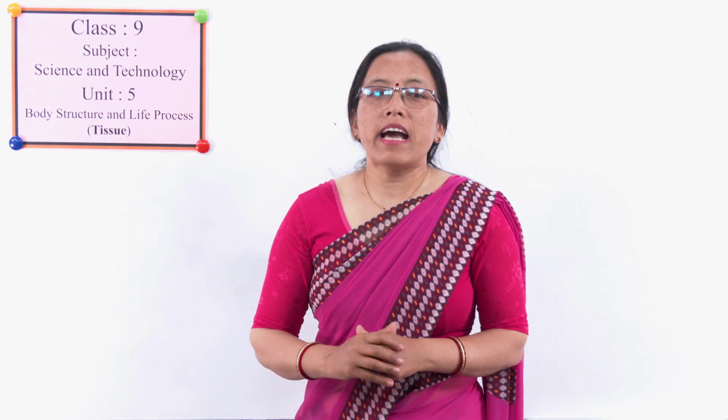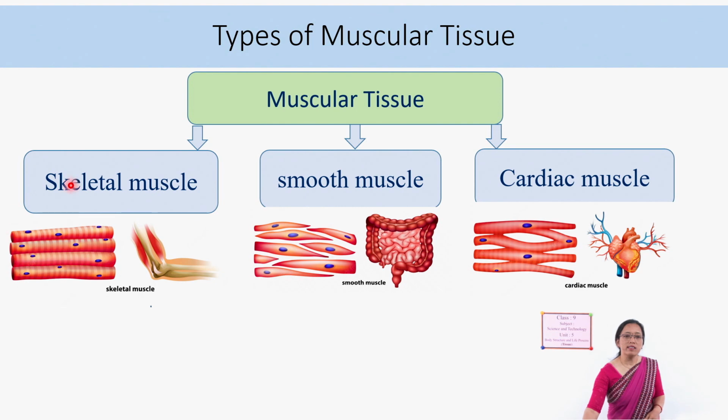Now, what are the types of muscular tissue? There are mainly 3 types of muscular tissue. Those are skeletal muscles, which are directly connected to the skeletal system, directly attached to the bones. Those muscular tissues are called skeletal muscles.